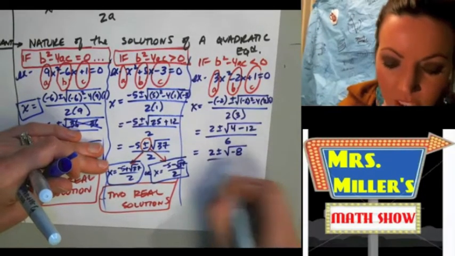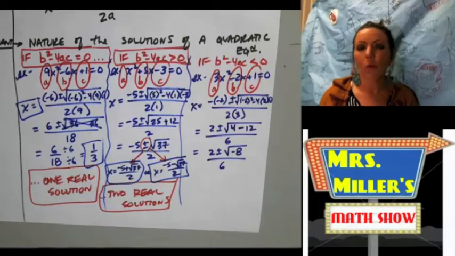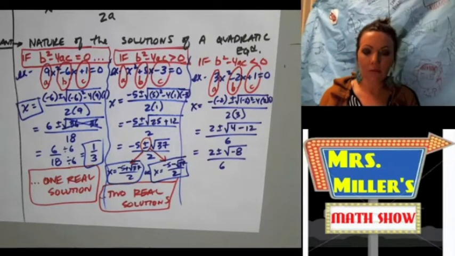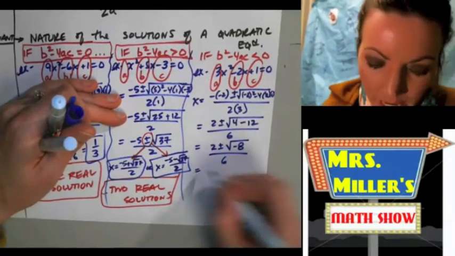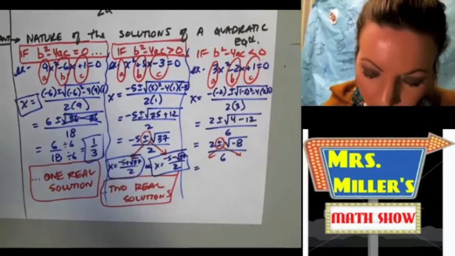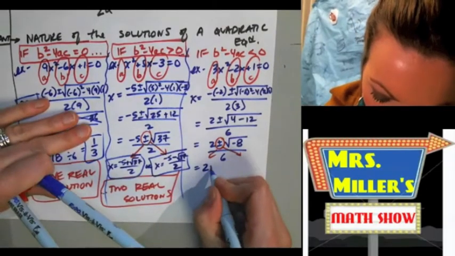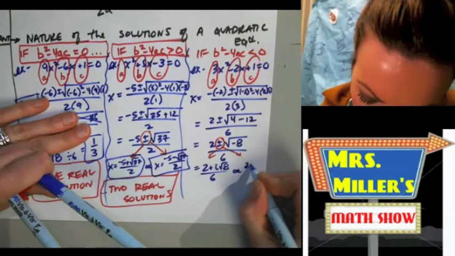Okay, now, what happens when we have negatives under the radical? Yeah, Aiden? You use i. You use i. Excellent. So this could be, and we have the plus or minus again, negative 2 plus i root 8 over 6, or negative 2 minus i root 8 over 6.